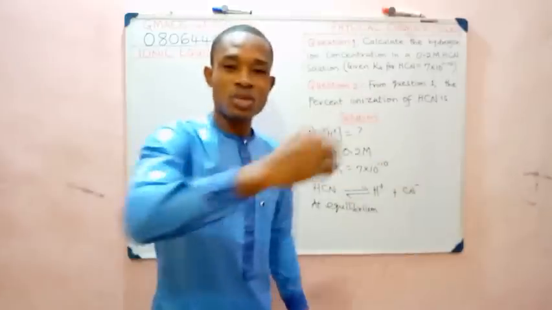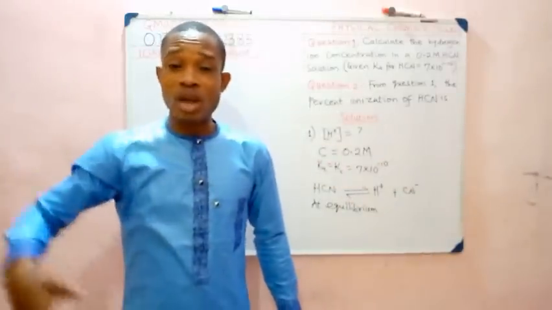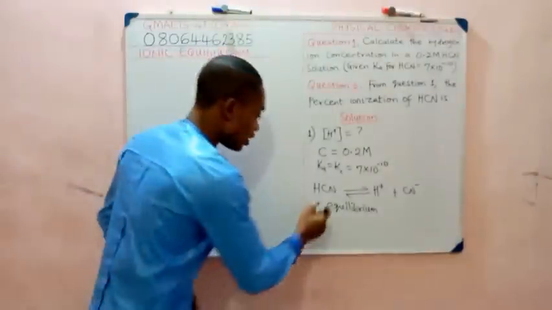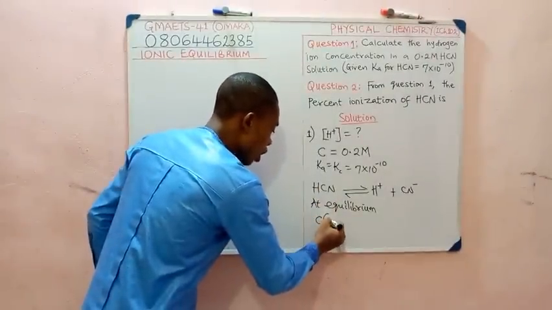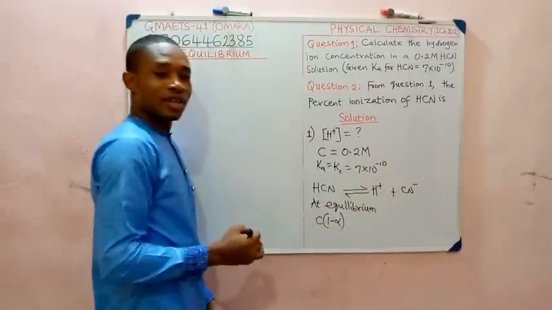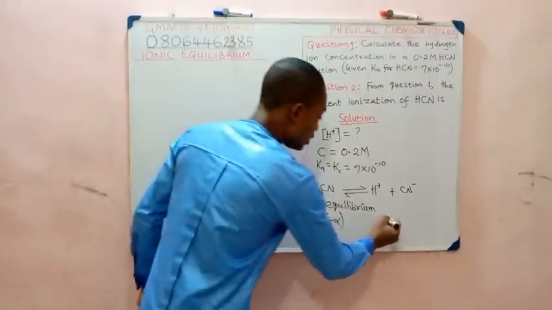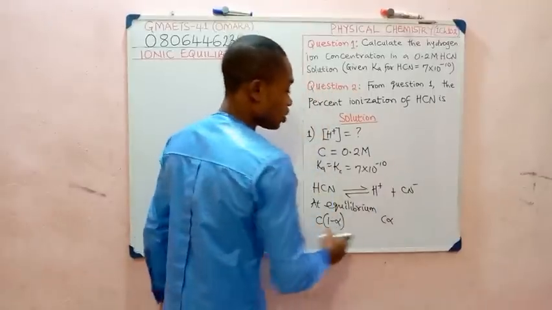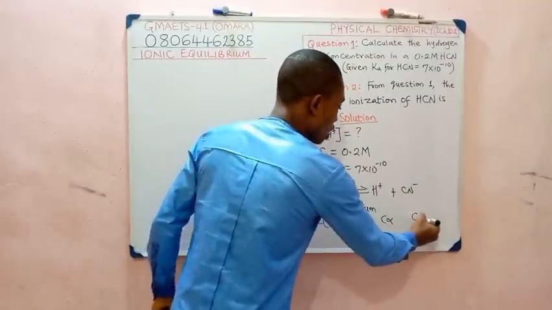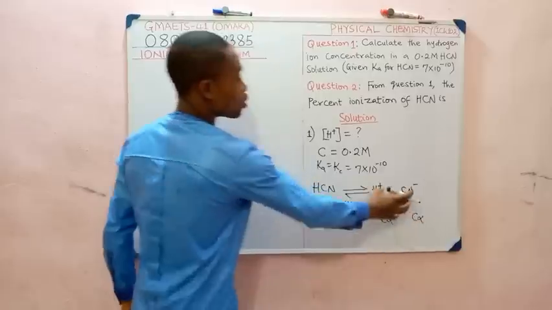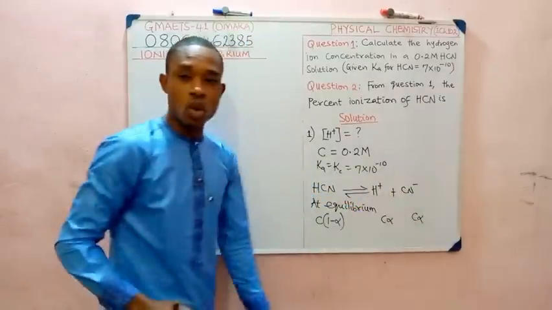Then the product will gain that quantity that was lost. So you could see that will give us C open bracket 1 minus alpha, because if you factorize C minus C alpha, this is what you will get. Then the hydrogen ion concentration will gain this value of concentration. The cyanide ion will also gain the same value because they have an equal number of moles.